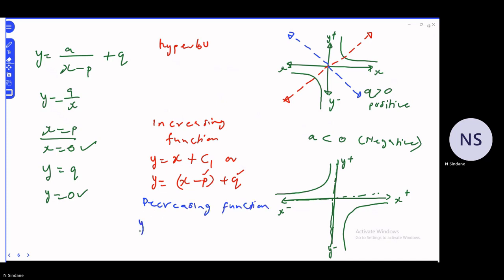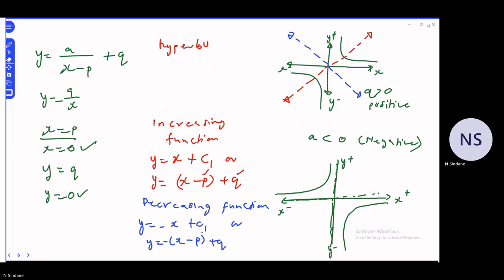Right? This, we call it y is equal to minus x plus c1. Or you can write it as y is equal to negative x, negative p plus q. Right?